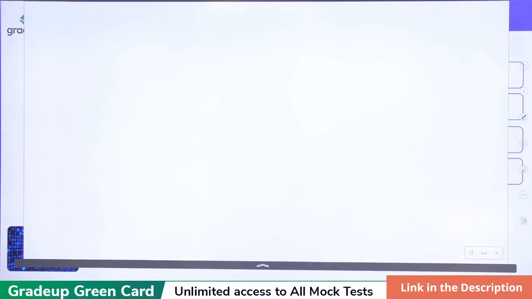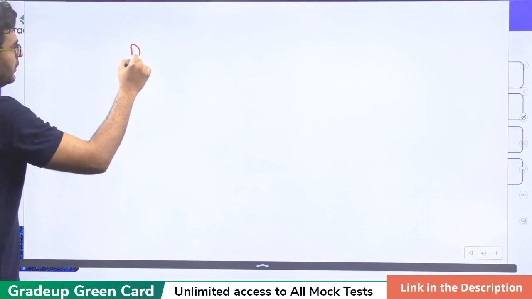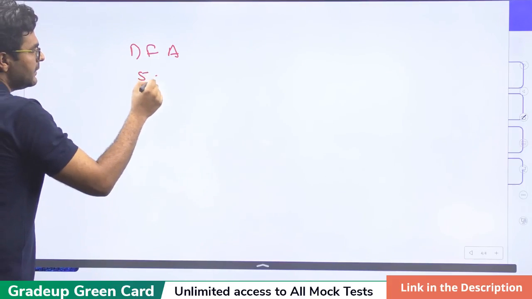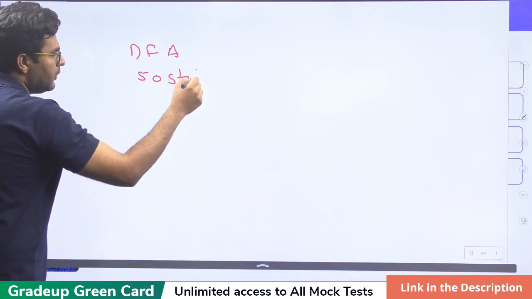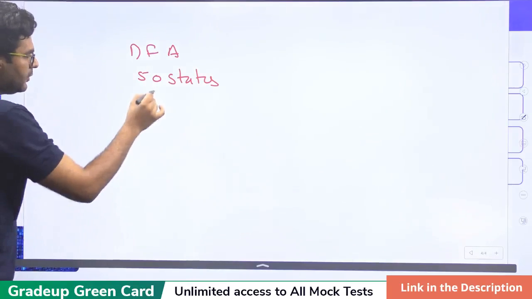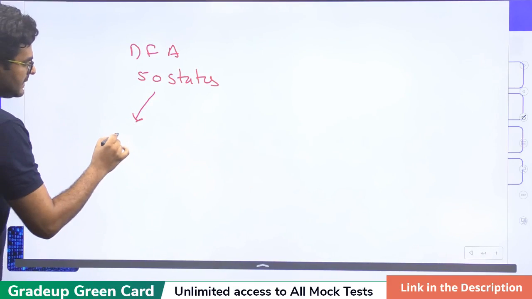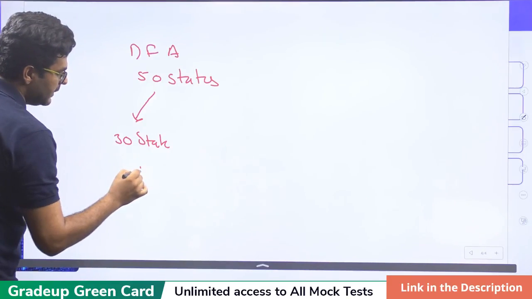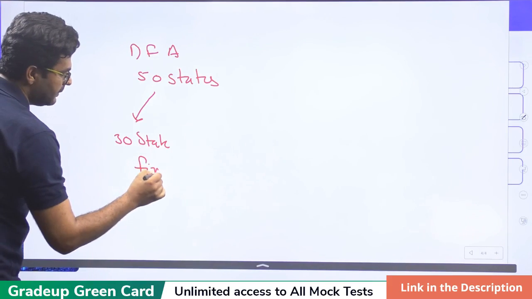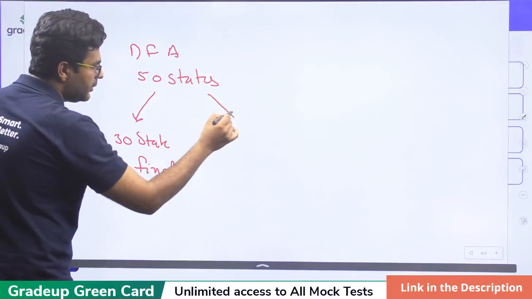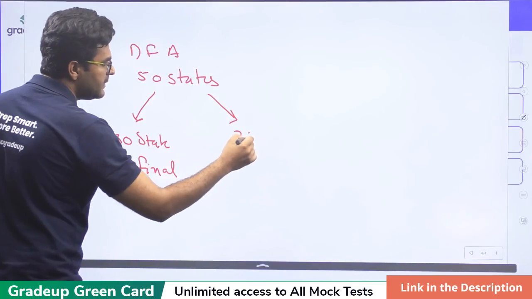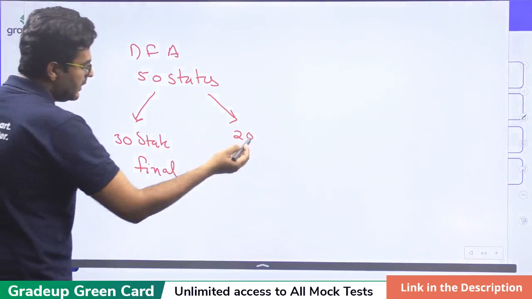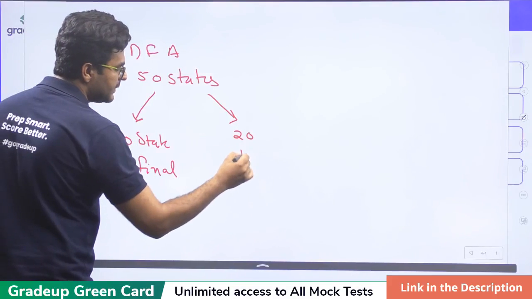Let's say your DFA has around 50 states, and out of those 50 states, let's say 30 states are final. Out of 50, 30 are final states and the remaining 20 are non-final states.